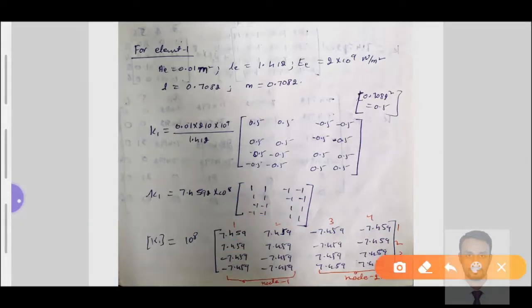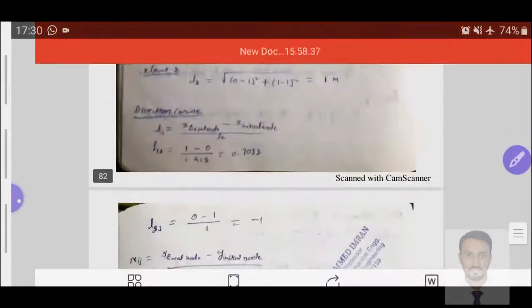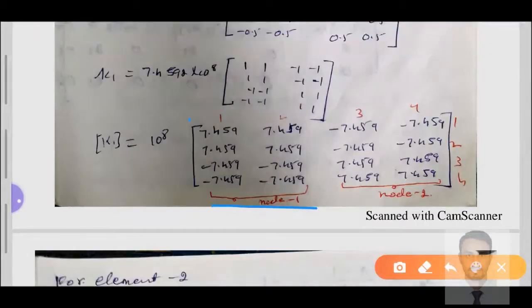Then I have represented this as 1 2 3 4, 1 2 3 4. Here you can check 1 2 3 4, 1 2 3 4. So we have these values. This particular characteristic is with respect to the column of node number 1, and these two characteristics depend upon node number 1.